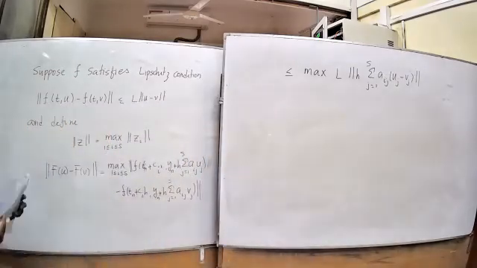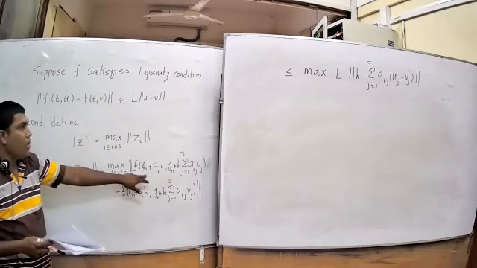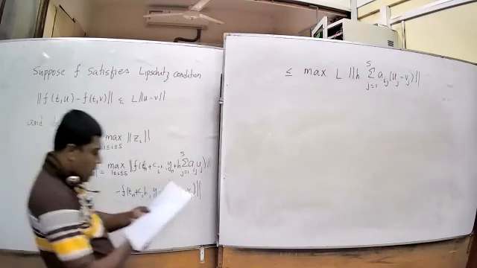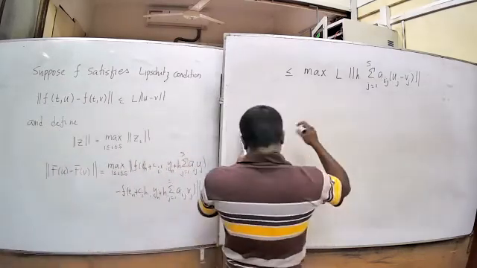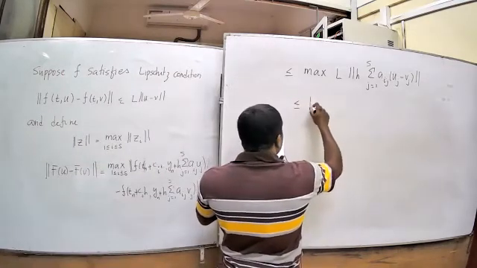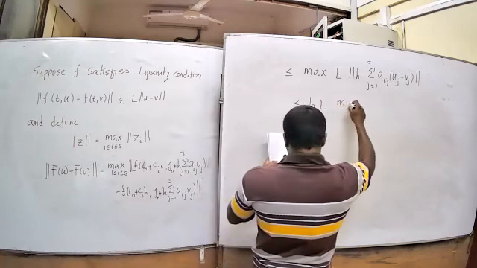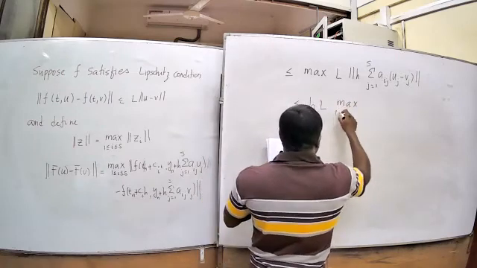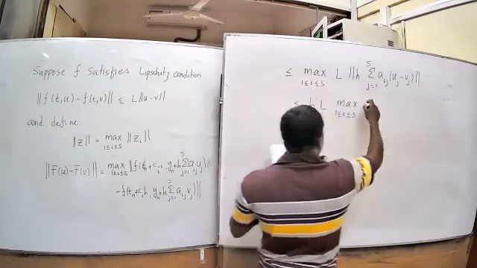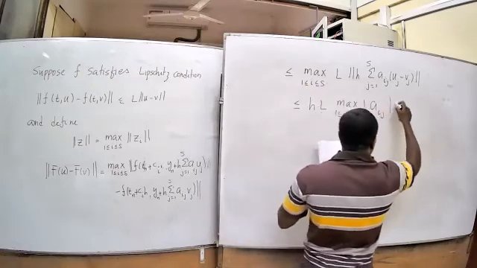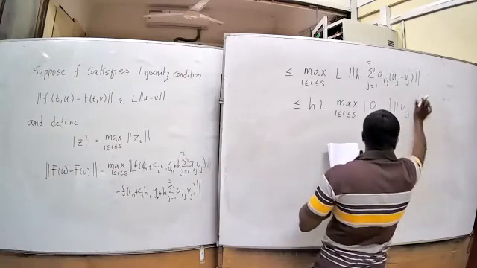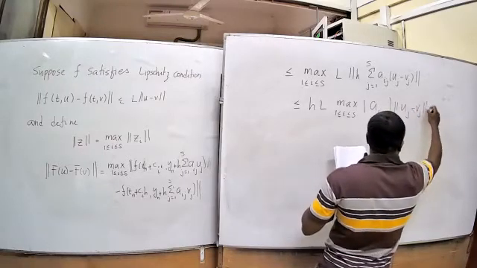So that is the Lipschitz condition, right? So you apply this Lipschitz condition to this formula to get that result. So that eventually turned out to be in this way, right? So that is basically less or equal to H L times the maximum over 1 less or equal to i less or equal to s of the sum of norm of aij, norm of uj minus vj, right?